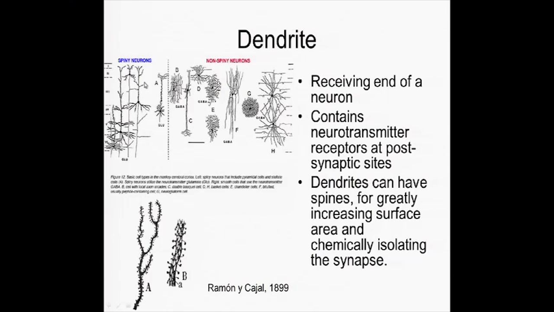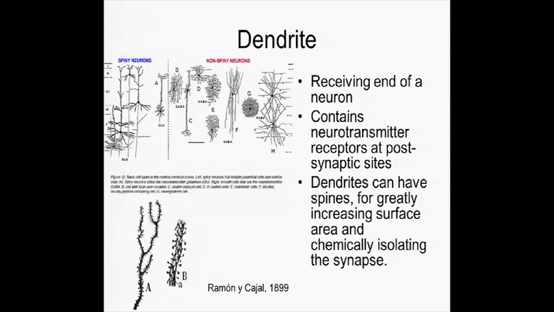These are called spiny neurons because when you zoom in, you can see little bumps coming off of the dendrite. The spines are a postsynaptic specialization of the dendrite to meet up with the presynaptic terminal. Not every cell is spiny.